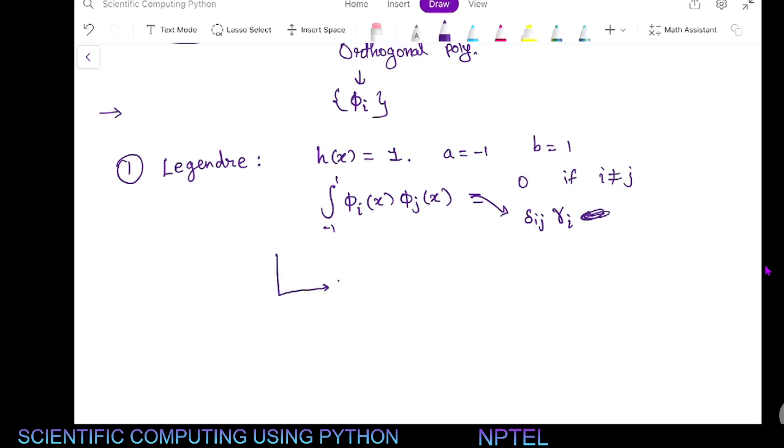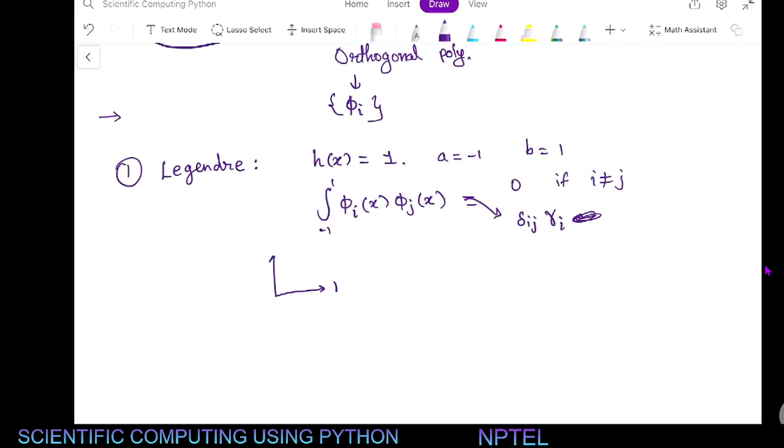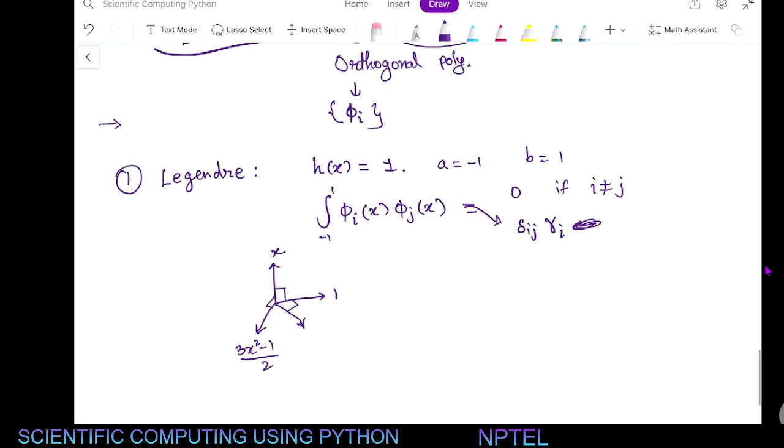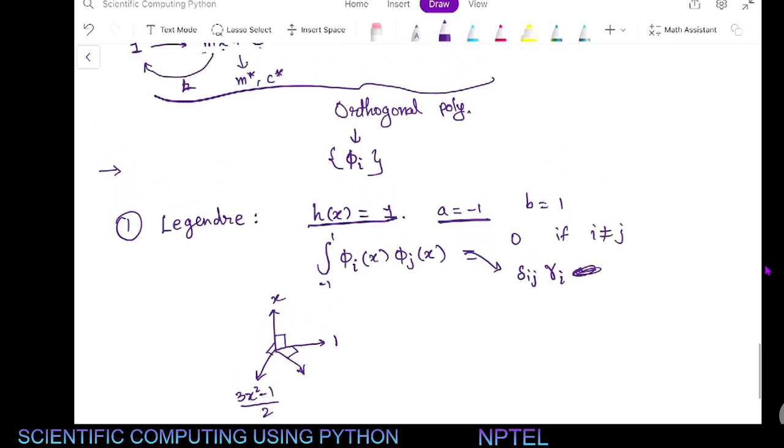The first one is 1, just to give an example, and the next one is x. The third one is going to be (3x square minus 1) by 2, and the fourth one will be some cubic function, in the fourth dimension of some abstract space. All of these are perpendicular under this weight function and limits.